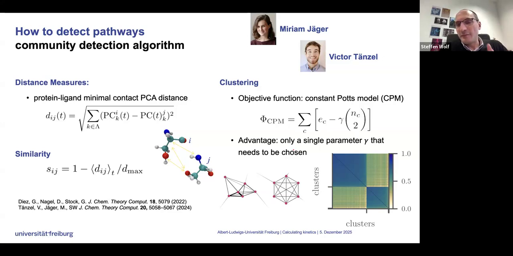This algorithm essentially gives us a suggestion which trajectories are very similar and how many clusters of similarities we have. And we only need to define one single parameter here, in this case this gamma, to obtain a very quick and optically very well understandable picture of which trajectories are very similar to each other.